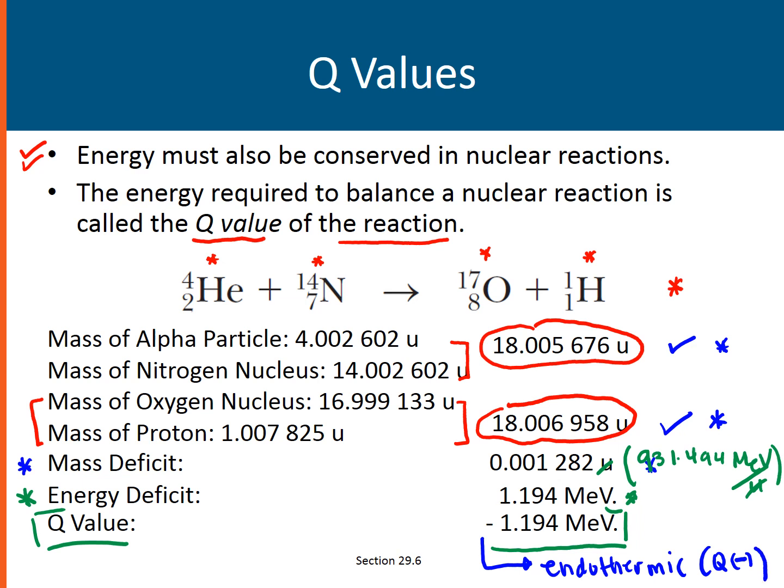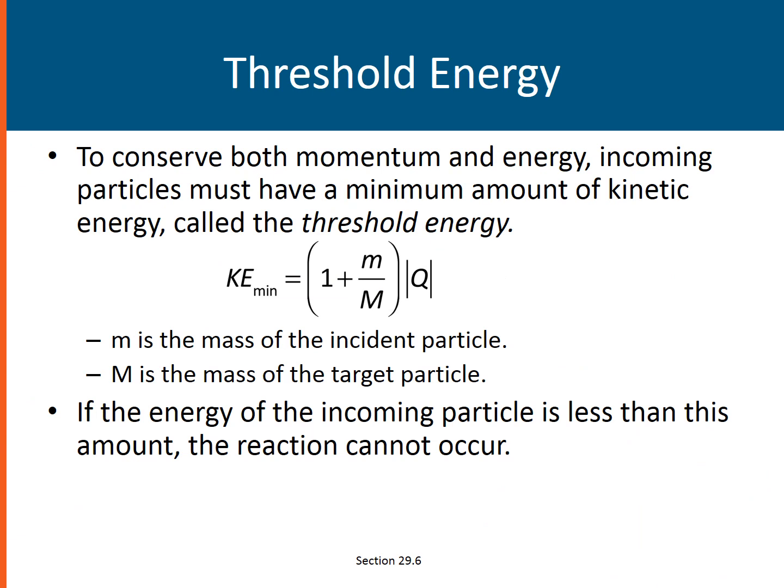Such reactions won't take place unless the incoming particle has at least enough energy to overcome the energy deficit. In relation to the previous slide, in order for an endothermic nuclear reaction to occur, the incoming particles must have a minimum amount of kinetic energy called the threshold energy. So this energy must be enough to overcome the energy deficit.